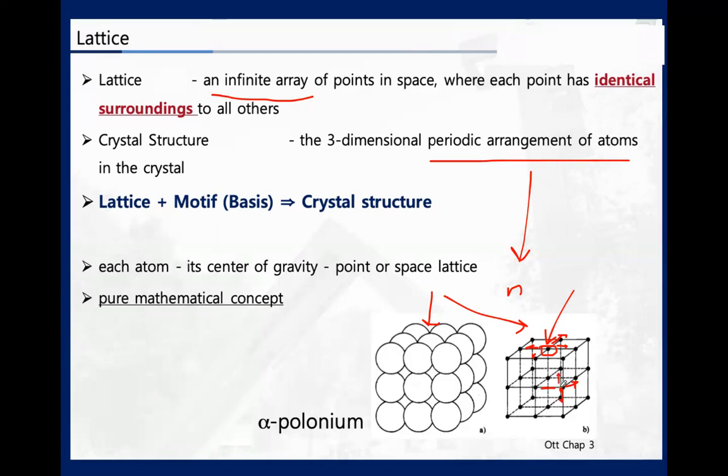If you take a point on the edge like this and a point in the center like this, they have unique surroundings, right? If you take the same point in the center of another face, they have identical interconnections and surroundings. Similarly, for other points in the corner, you will see very identical types of surroundings.